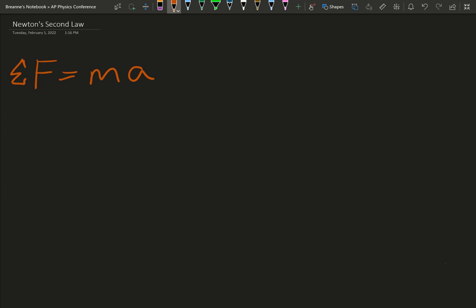This little funky E is a Greek letter sigma, and it means sum of. And then it's just anything that's behind it. In this case, it's an F, which stands for forces. So sum of the forces. And there we go. That's basically what Newton's second law is.